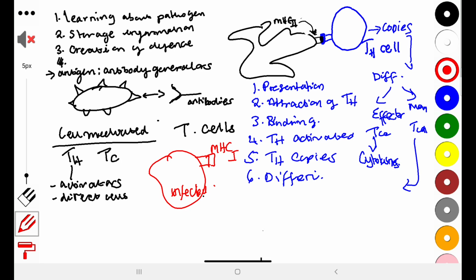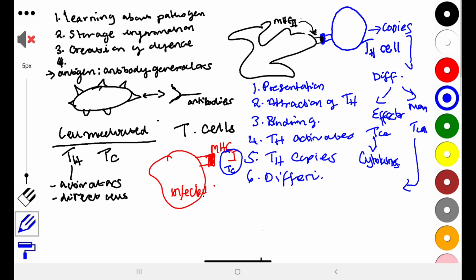So we have an infected cell, and then an antigen fragment is placed on MHC1, and when it is placed on MHC1, so this is the presentation, then we see that the T cell, in this case the cytotoxic T cell, is able to identify that. So the combination of the MHC molecule and the antigen in this case is recognized, okay?